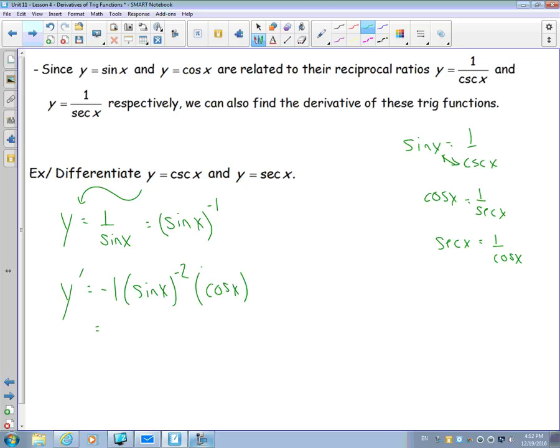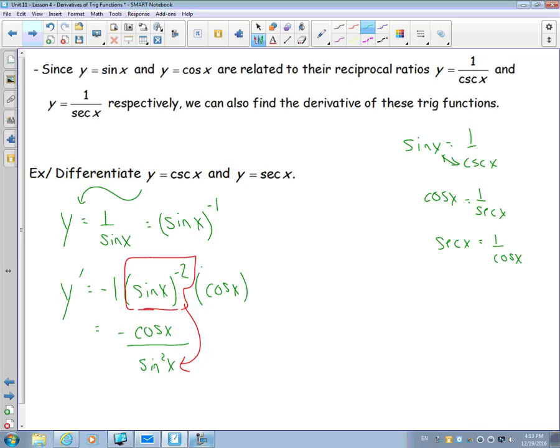So the derivative for cosecant is really negative cos over sine squared. And I got sine squared because I'm bringing my negative exponent back to the bottom, right? So there's an expression for that one.